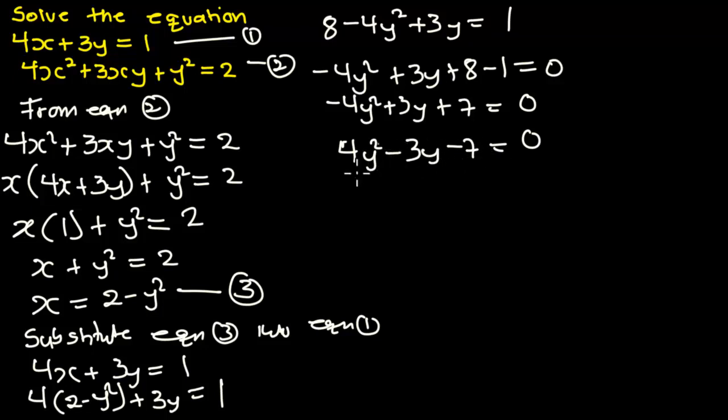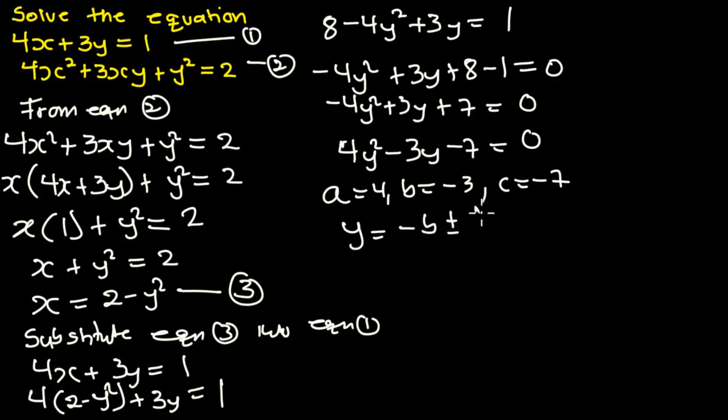When we compare this equation with the general quadratic equation, a is 4, b is negative 3, and c is negative 7. The quadratic formula is given by y is equal to negative b plus or minus the square root of b squared minus 4ac, all over 2a.